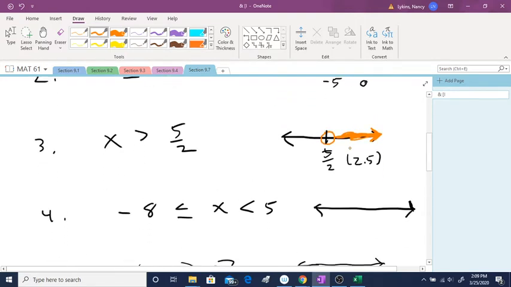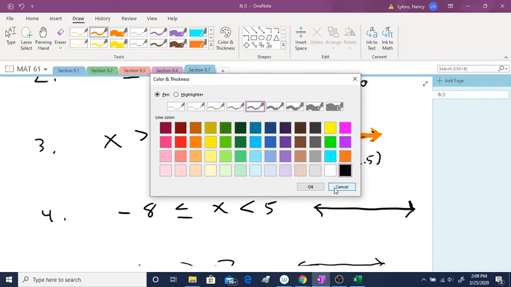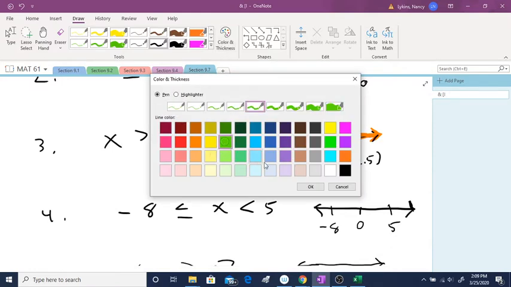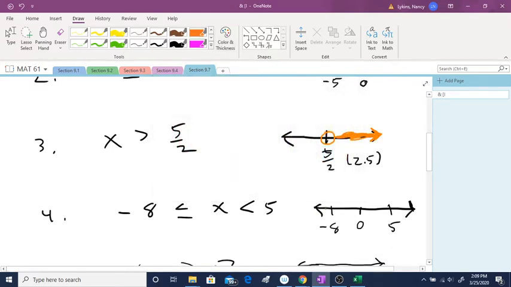Now here's one that we have to pick apart. Take a look at the -8. I've got a -8 and I've got a 5. Somewhere in between here is a 0. Now, don't make this too complicated. That means x is between -8 and 5.